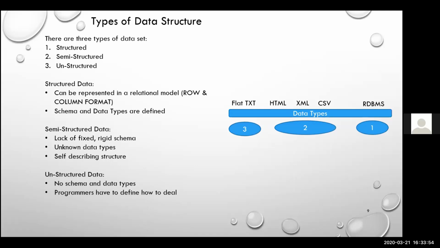Now coming to semi-structured, think about an HTML or XML or a CSV file, which may or may not have headers. We know a certain structure of the data, but we are still not sure what their data type is.